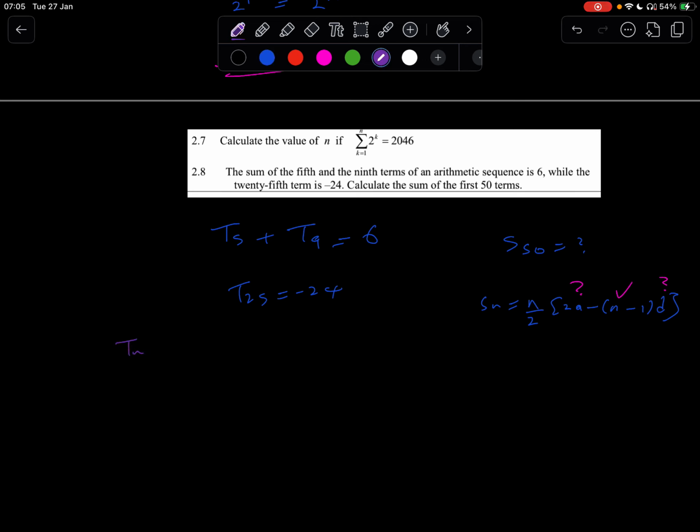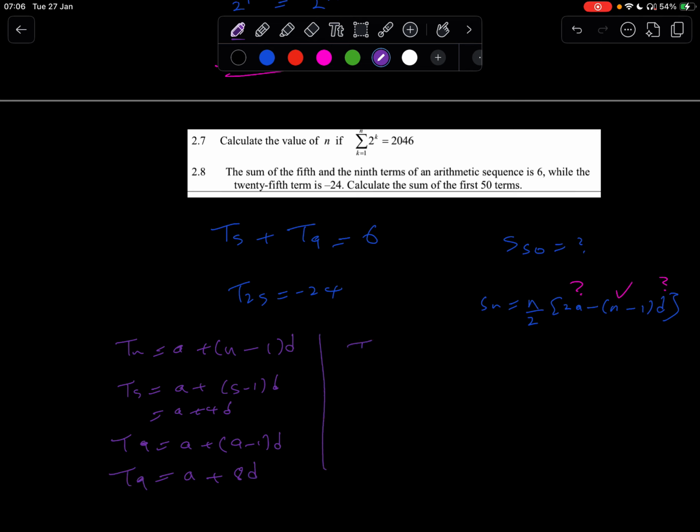So Tn equals a plus n minus 1 times d. We'll start with T5, a plus 5 minus 1, which is 4d, and then T9 is a plus 9 minus 1, which is 8d.